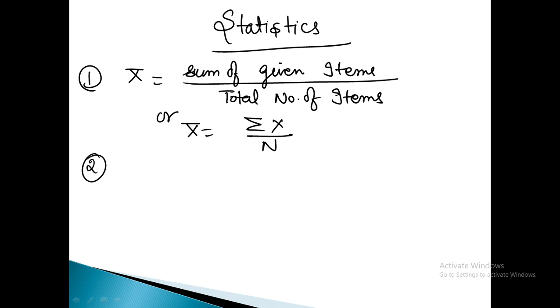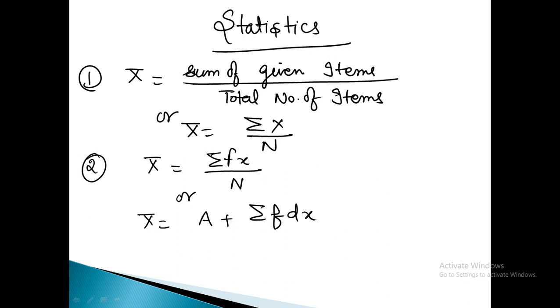When the series is in the form of discrete series or class interval series, then for calculating mean we will use sigma fx over n, or you can use this formula also, a plus sigma f dx over n.